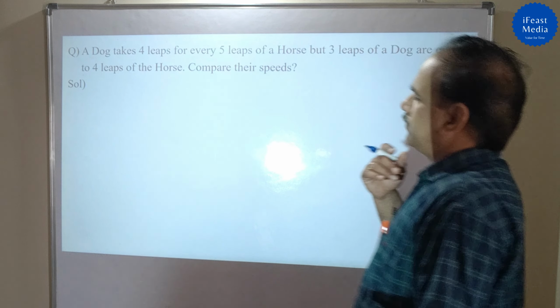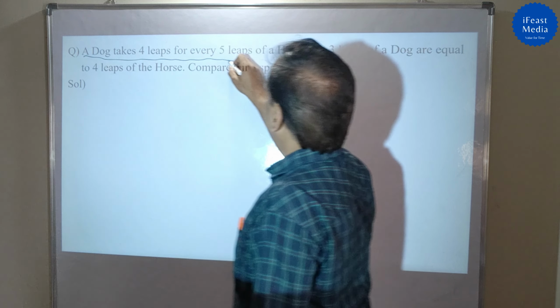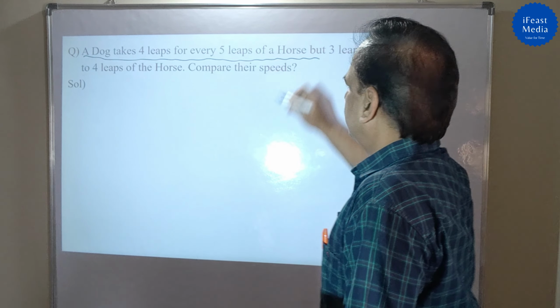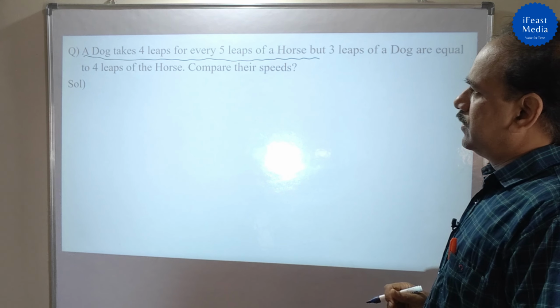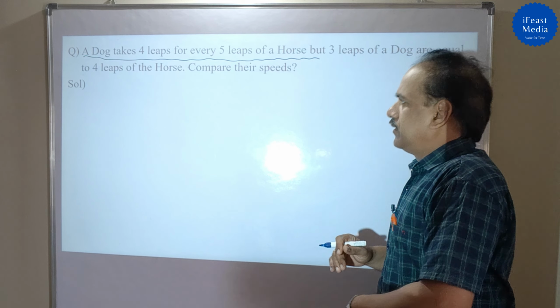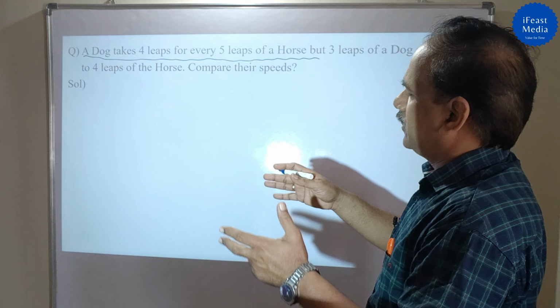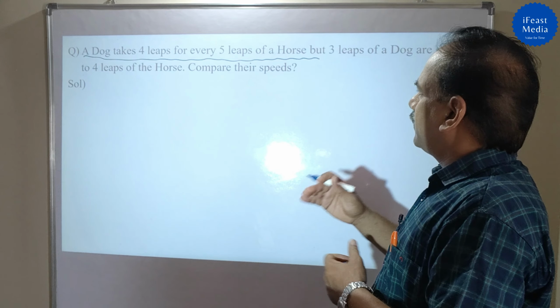So coming to this problem, this is a very important problem. A dog takes 4 leaps for every 5 leaps of a horse. So what is he actually comparing here? The dog takes 4 leaps, that means a distance of 4 leaps for every 5 leaps of a horse.